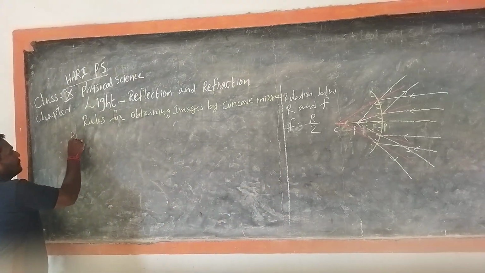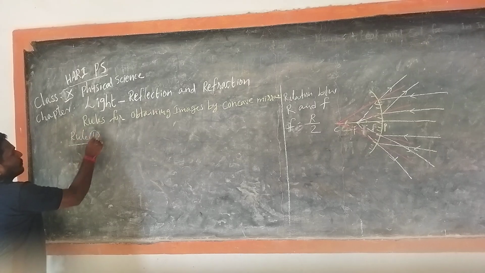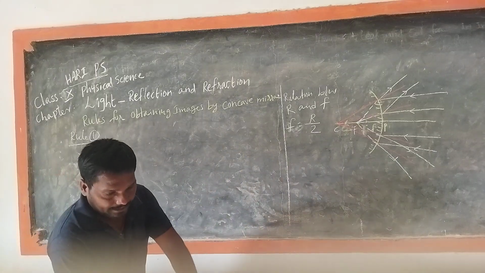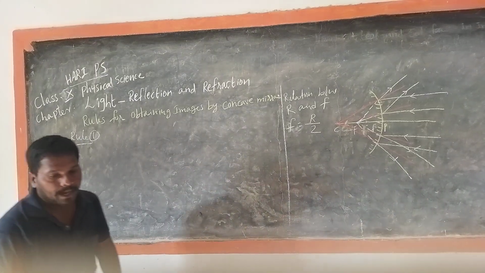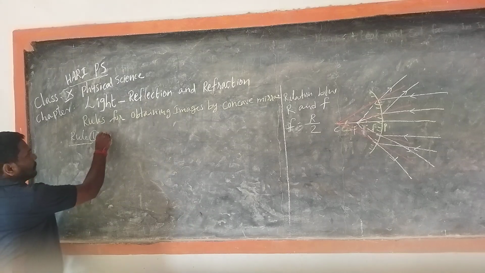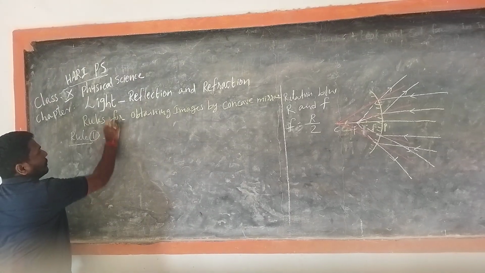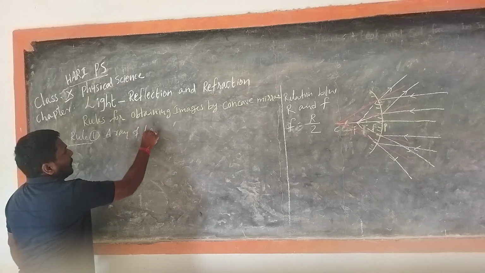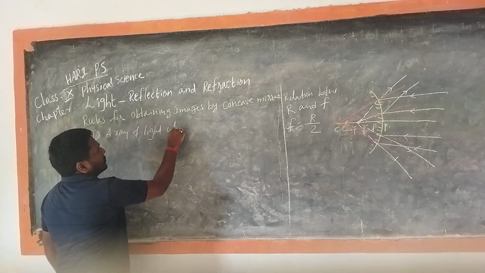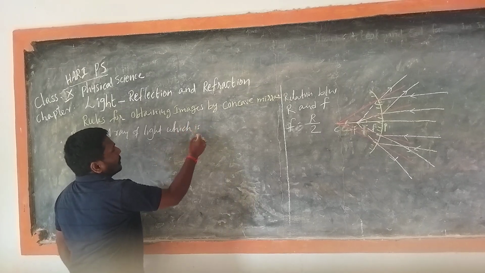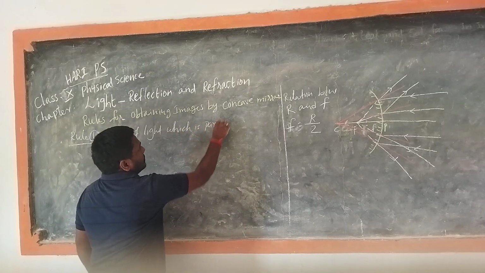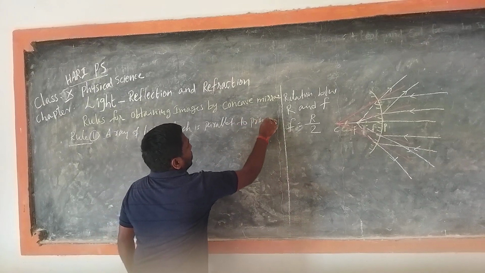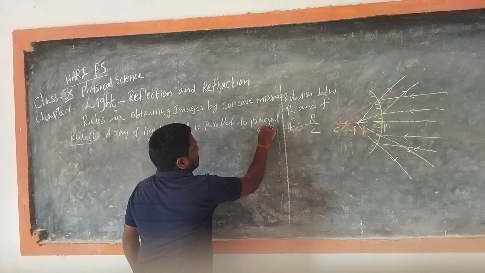Rule 1: a ray of light which is parallel to the principal axis.